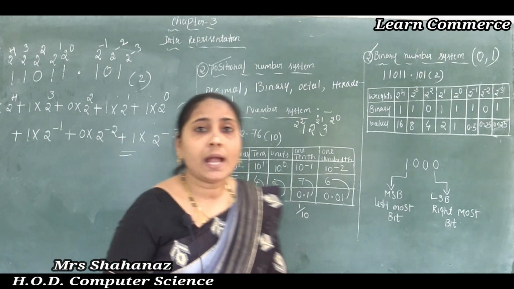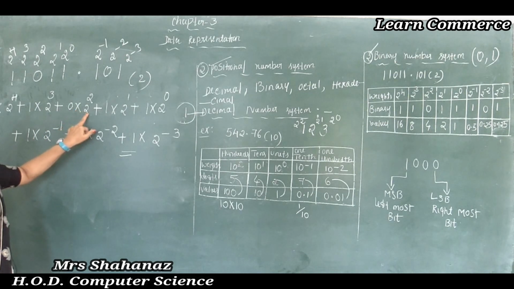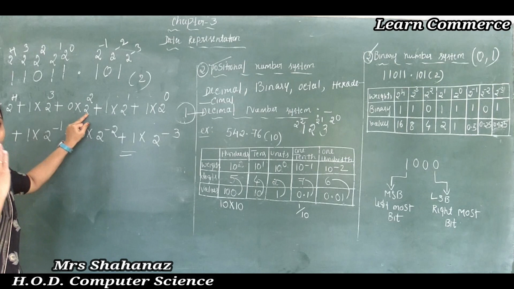Clear this point here? And later we will see how we are going to use it. So here 1 into, that means 4 times you need to multiply 2, 2 into 2 into 2 into 2, you will get the value 16. Plus 1 into 2 into 2 into 2, the value is 8. Plus 0 into 2 into 2, the value is 4.